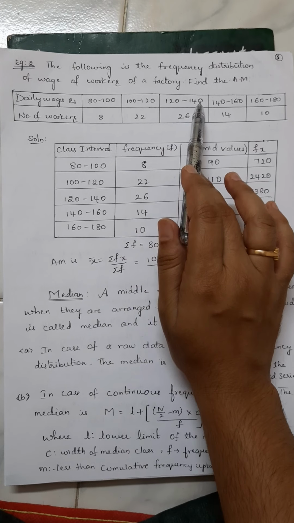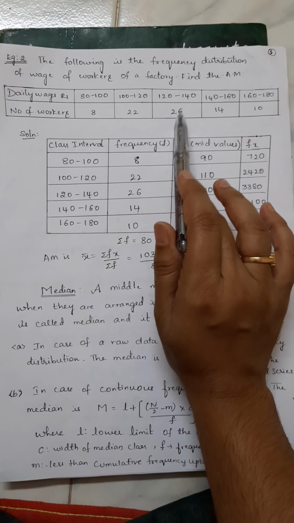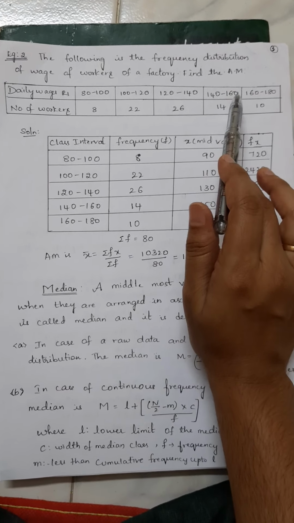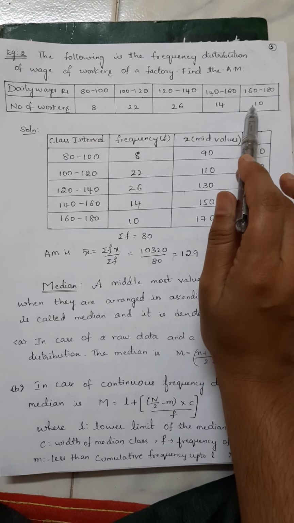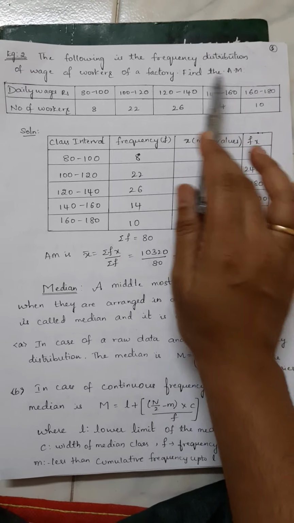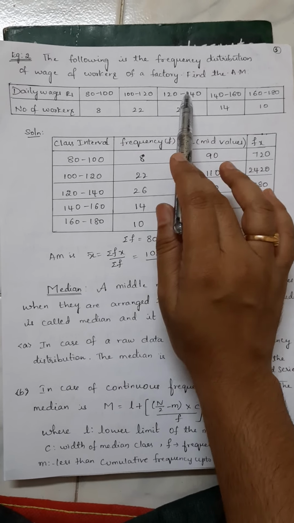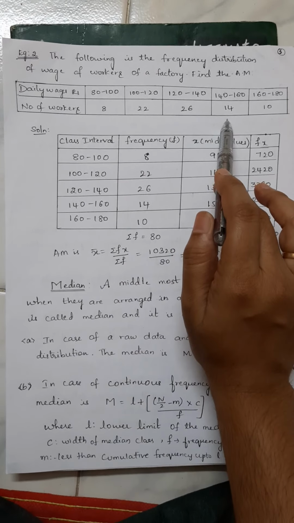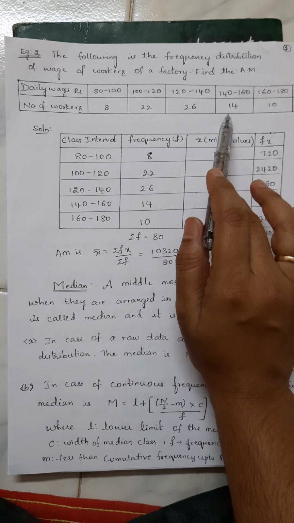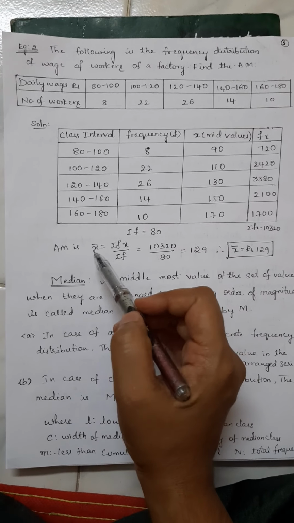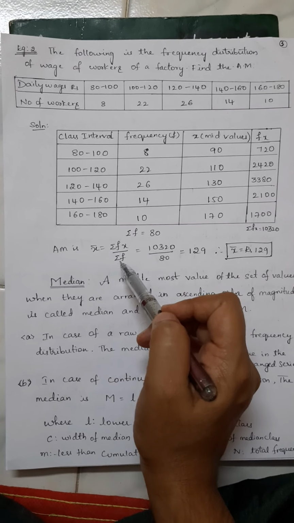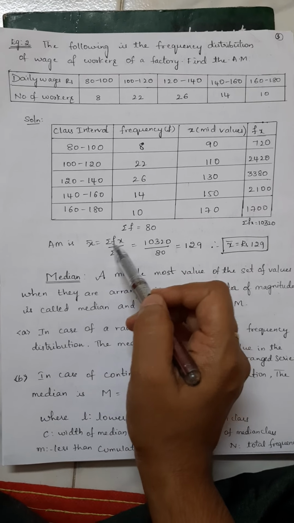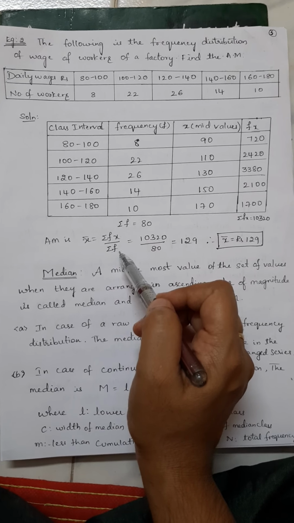Between 120 and 140 it is 26. Between 140 and 160 it is 14. Between 160 and 180 rupees it is 10. This is grouped data with a frequency distribution. To calculate the arithmetic mean, we use the formula x bar equals summation fx divided by summation f, which can also be written as capital N.